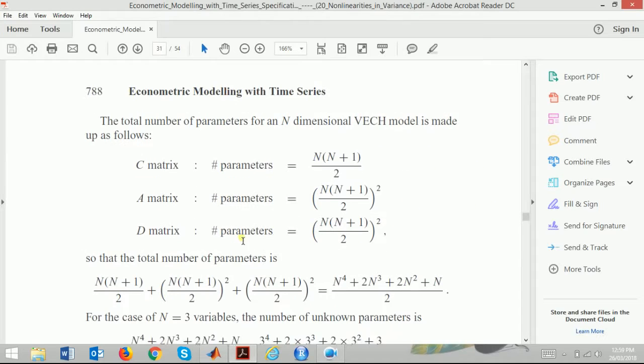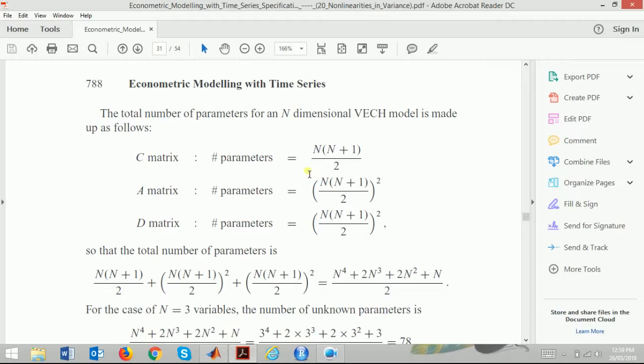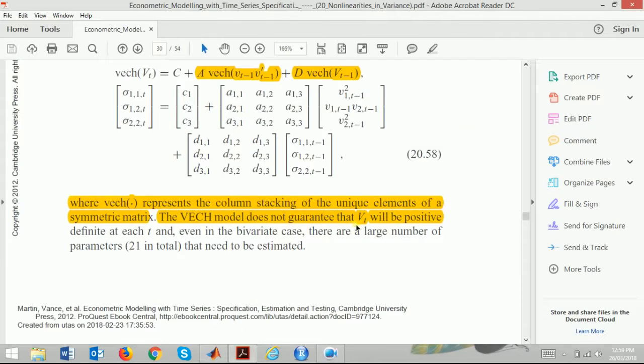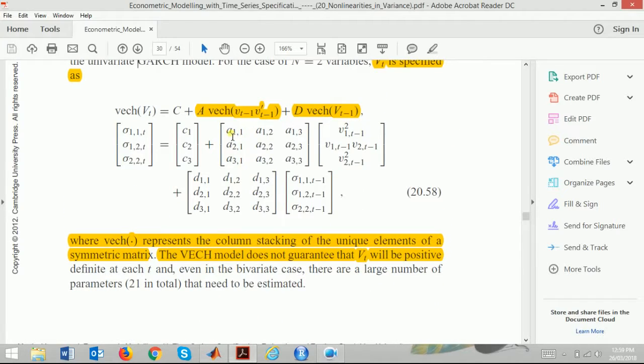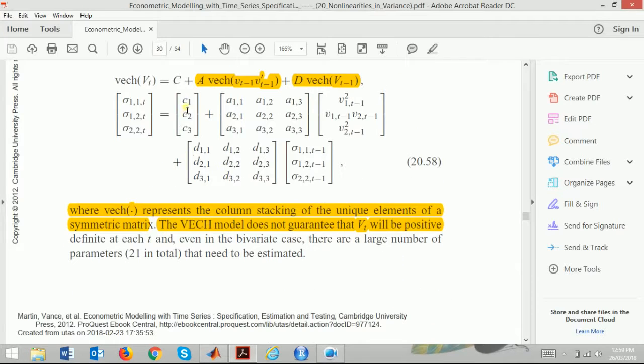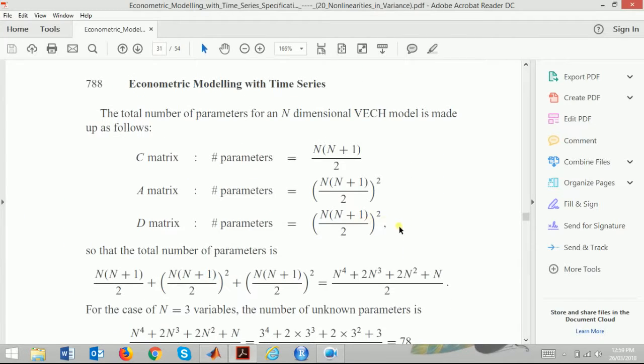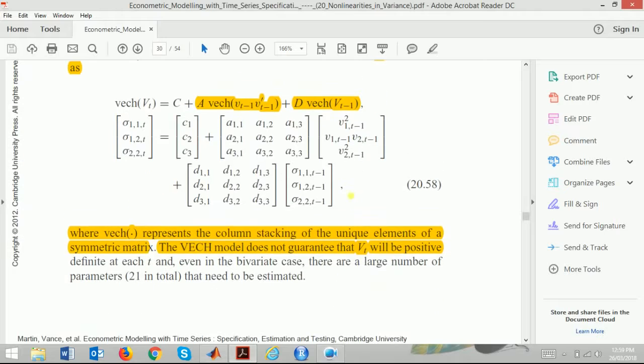Basically, when we have an n-dimensional VEC model, the number of parameters in our constant matrix will be n(n+1)/2, which is quite high. So with two variables, 2 times 3, 6 divided by 2 gives you 3 parameters. Very simple. The coefficient matrices will be squared, n(n+1)/2 whole squared, so 3 squared is 9.